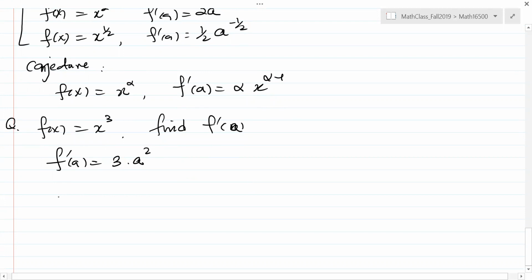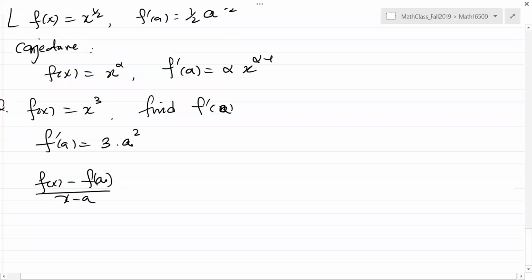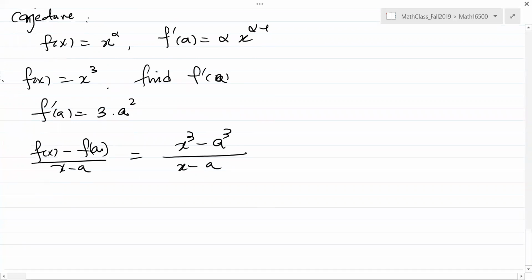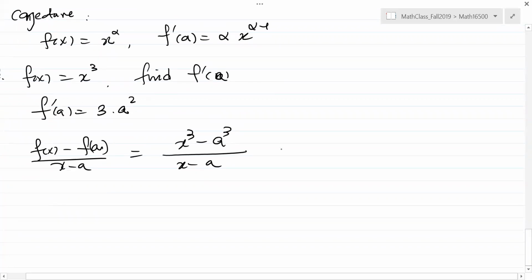Okay. I'm going to look at this. And then that's going to be x cubed minus a cubed over x minus a. I have to find the limit of this. So how can I do it? I factor the numerator. I hope you still remember the formula.